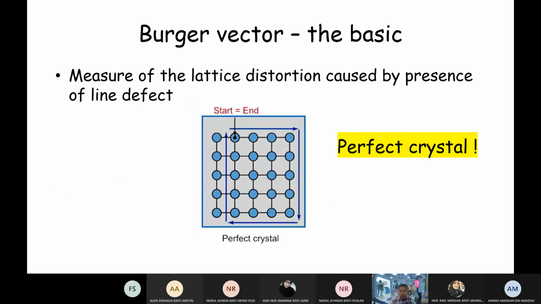If you look at the picture here, let's say that we have a perfect crystal and we move around this circuit.